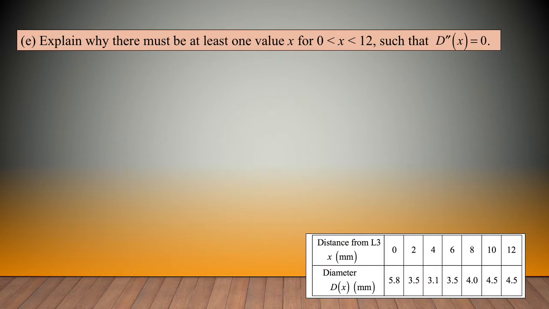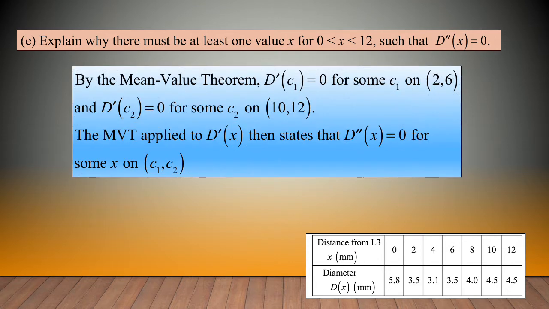Part E reads, explain why there must be at least one value x, where x is between 0 and 12, such that d double prime of x is equal to 0. This uses the mean value theorem twice. By the MVT, d prime of c1 has to equal 0 for some c1 on (2, 6).